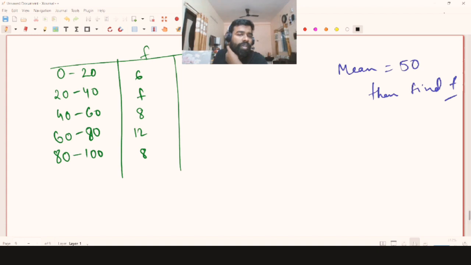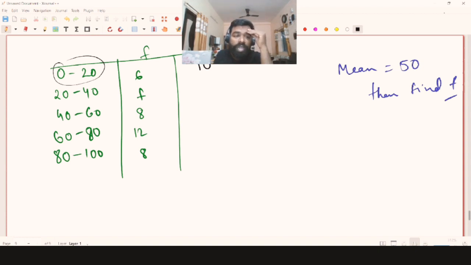So first thing you need to find is X. And how to get this X? If you know the class intervals, then it's very easy. The class interval is with us. So add both of them: 0 plus 20 is 20, by 2 that means 10.